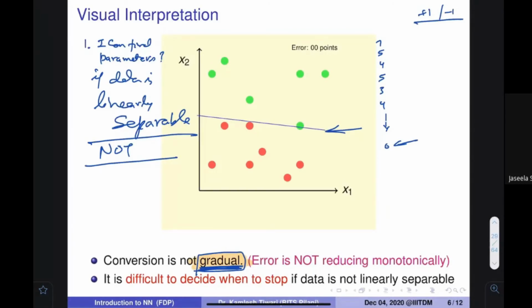Because then definitely this number is not going to reduce to 0. And if this value is not going to reduce to 0, then I don't know where to stop, because sometimes the value is going to reduce, then increase, then reduce, then increase. What is the absolute minimum value? I don't know. In the case when the data is linearly separable, I know that the minimum value is 0. So I keep doing the thing until I get to 0.